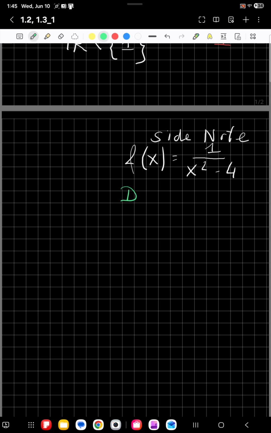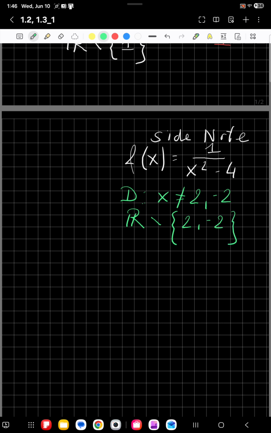I need to exclude the numbers that give me 0 in the denominator, and there are 2 of them. Right, so I could do it like this, 2, negative 2. I could do it in interval notation, which is kind of lengthy, but maybe the best way would be to write it like this. So all real numbers except, and now again I'm using those curly brackets, and now I'm putting those 2 numbers, negative 2 and positive 2.